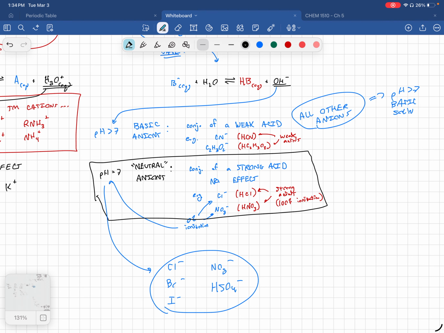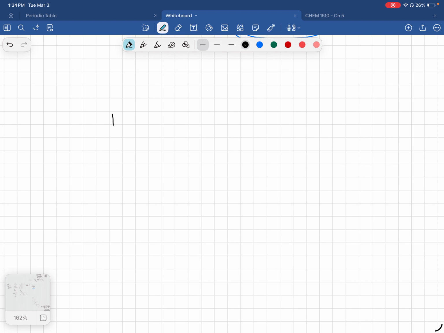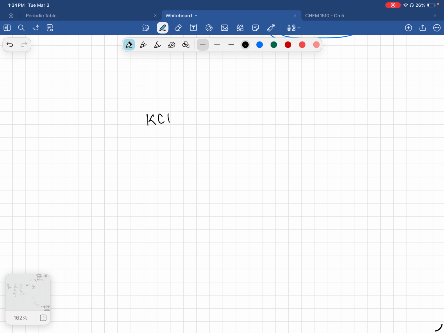Okay, so let's look at a handful of examples. Let's look at KCl. Our first question is, is K plus acidic? No. And so it will not affect the pH.